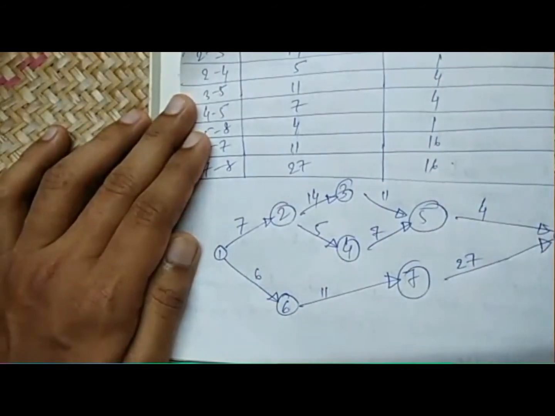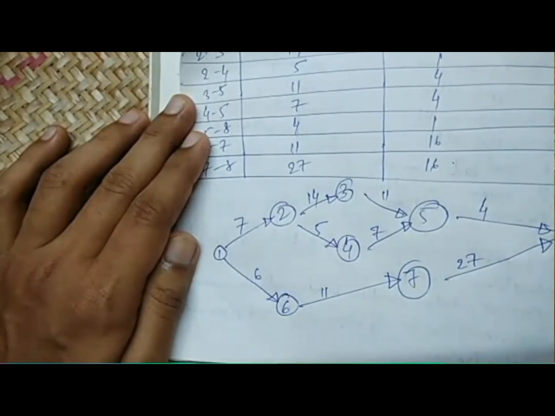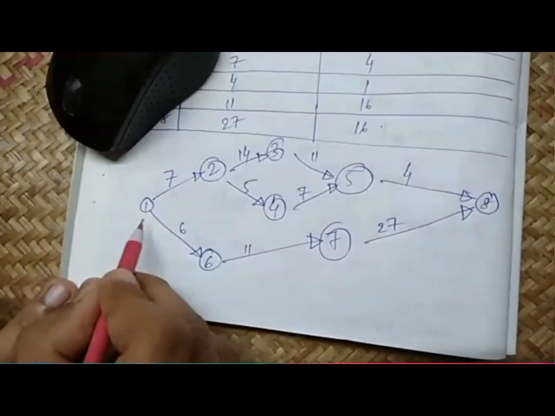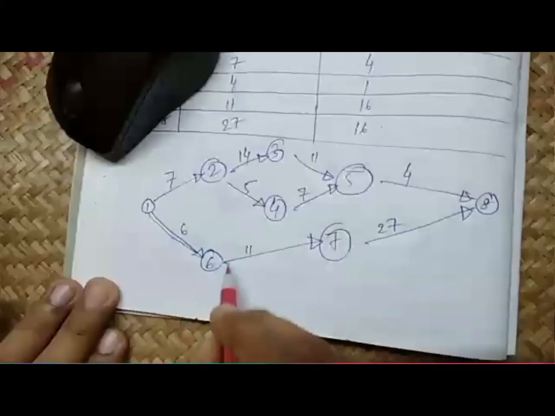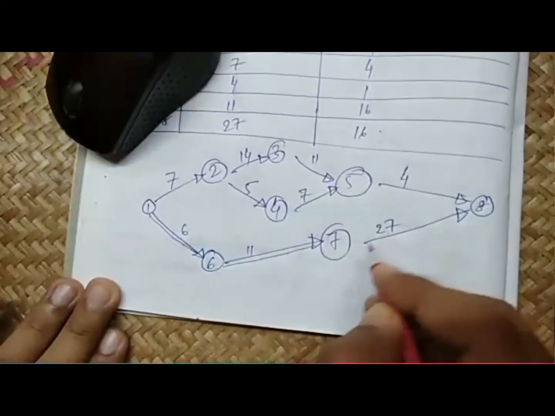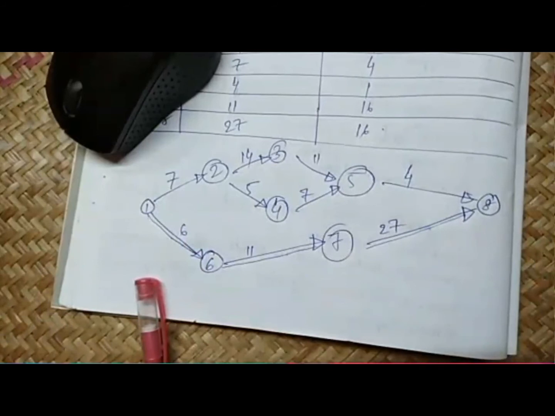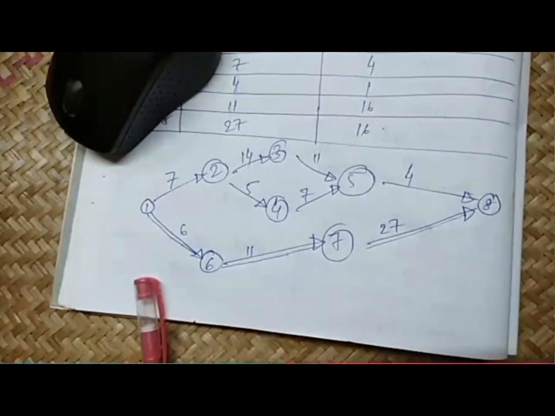Now we need to find the critical path. 1-6-7-8. There are three ways to reach 8 from 1, only three paths. We just take a calculator and find the longest path, and that will be your critical path.